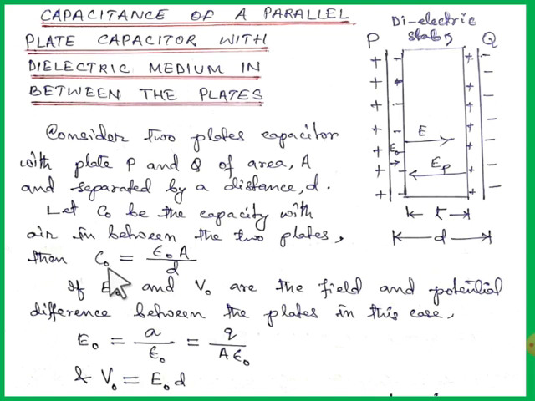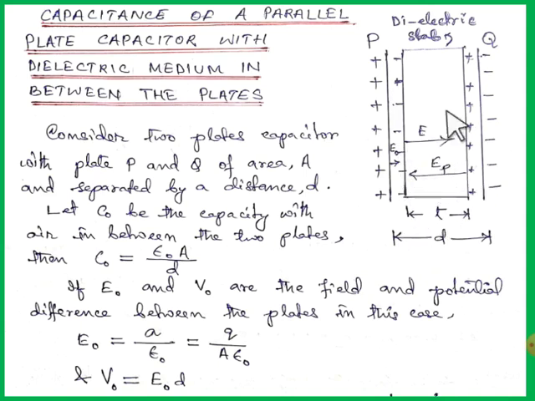C naught is for the capacitor having vacuum between the two plates. Its capacitance will be epsilon naught A by D. So let's denote it by C naught, for not having any medium, or rather vacuum. Got it?